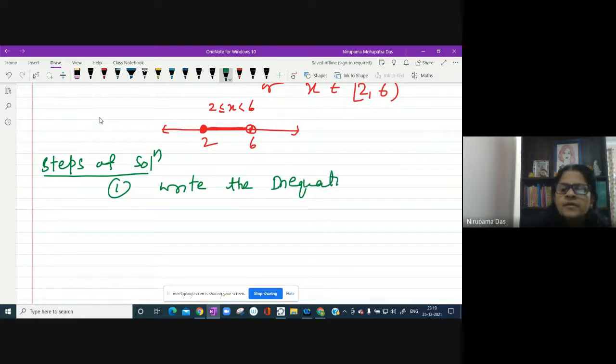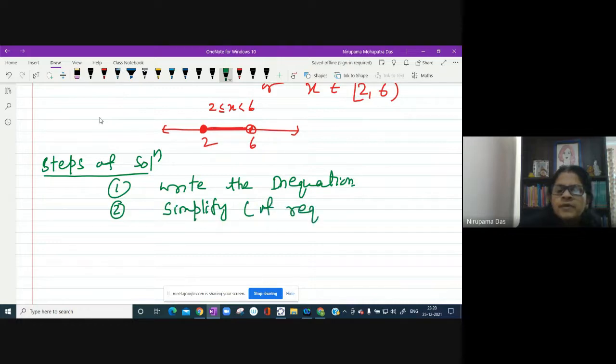Second, you have to simplify if required, because many times the question is already given in a simplified way, so we don't have to simplify in that case.